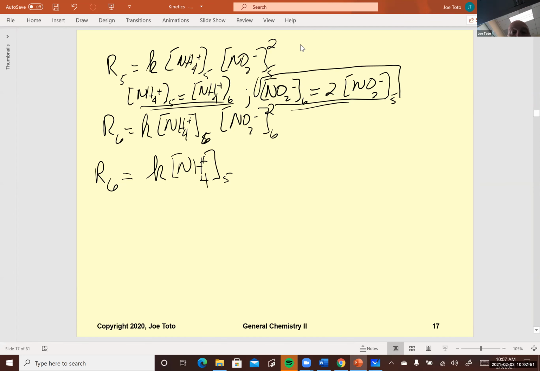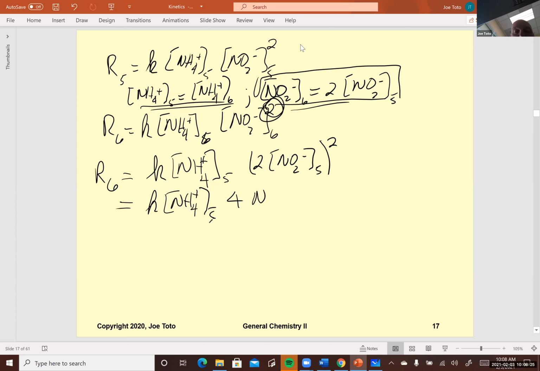I'm going to put 2 times NO2 minus in 5, but that whole thing has to be squared. And so again, this equals K ammonium, 2 squared is 4. And then we get NO2 concentration 5 squared.